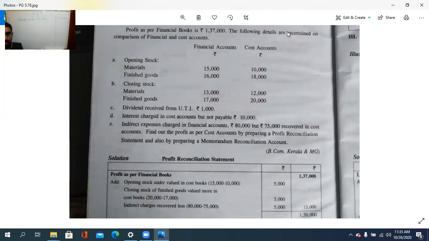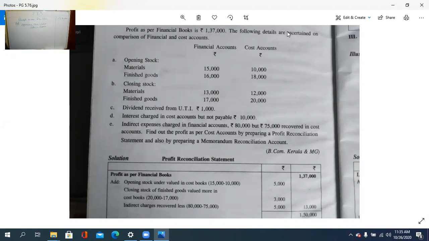But under absorbed. Finished goods 17, 20. So that is also what? More. So opening stock undervalued in where? Cost books.